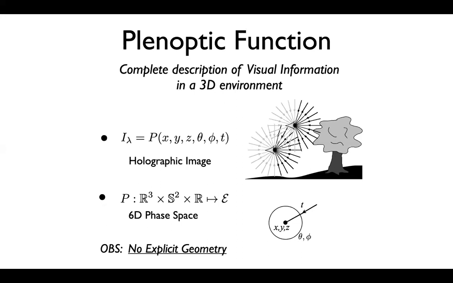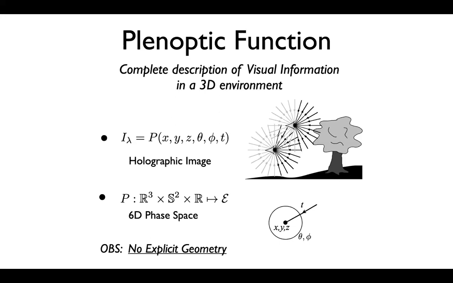This is the plenoptic function, and it's the most important mathematical concept related to vision and graphics, because the plenoptic function is a mathematical abstraction that is a complete description of visual information in a 3D environment, right? You can imagine this as a mathematical model for a holographic image.